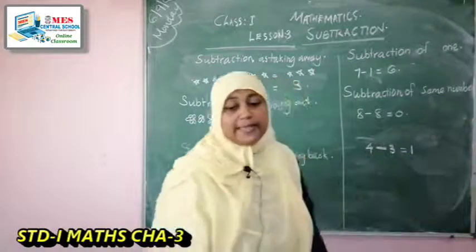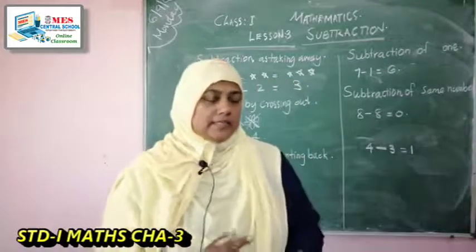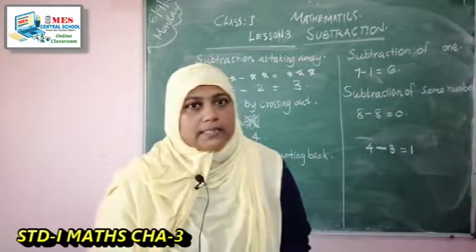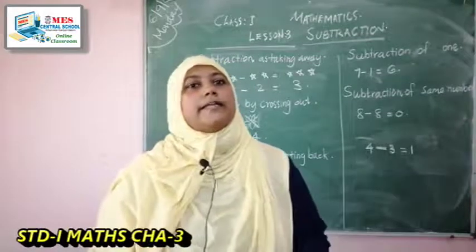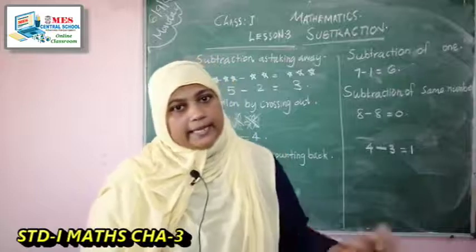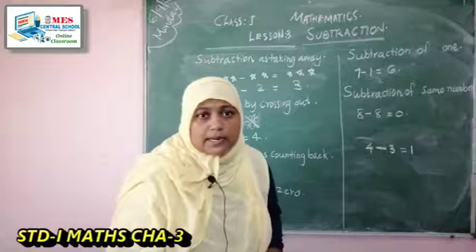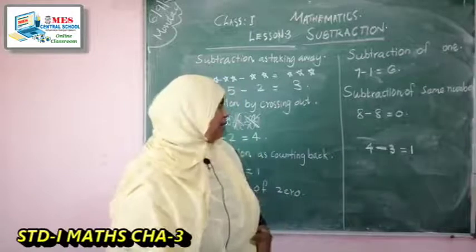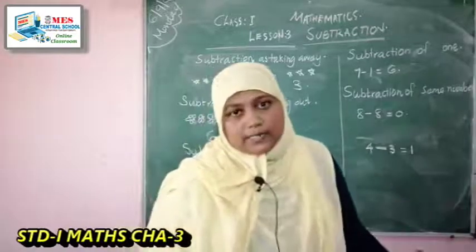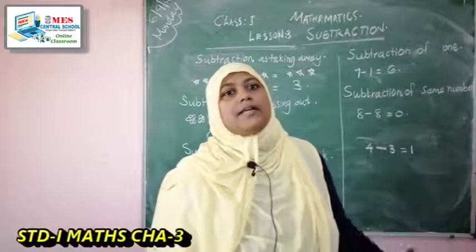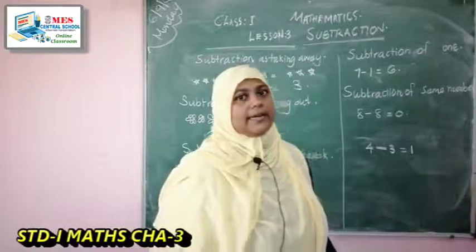This is the basic thing you want to understand. First of all, what is subtraction? Subtraction is take away. What is the subtraction sign? Minus. What is the answer of subtraction called? Difference.